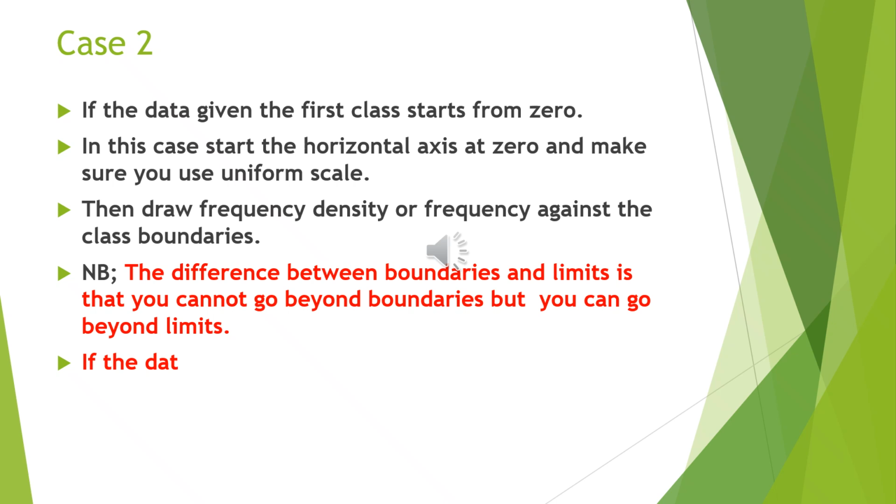Case number 2, if in the data given, the first class starts from 0. In this case, start the horizontal axis at 0 and make sure you use a uniform scale. Then draw frequency density or frequency against the class boundaries. And the difference between boundaries and limits is that you cannot go beyond boundaries, but you can go beyond limits.